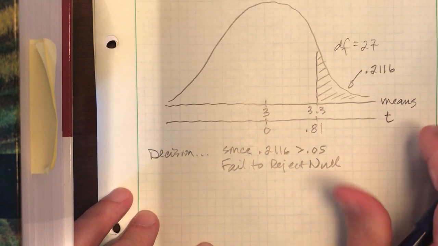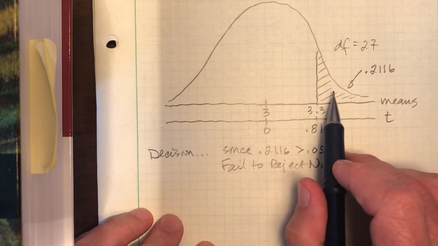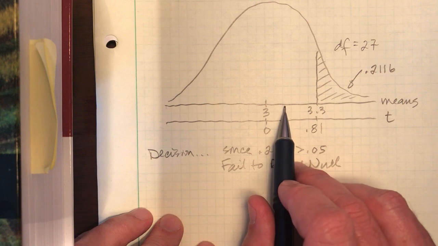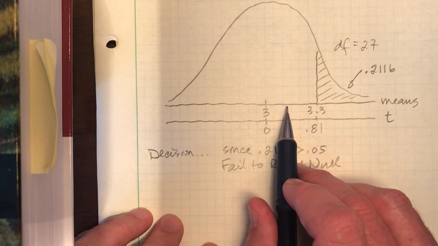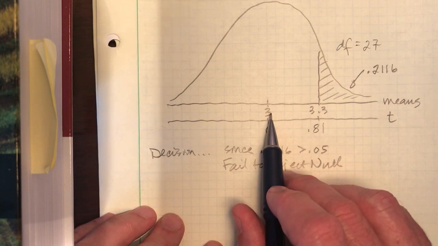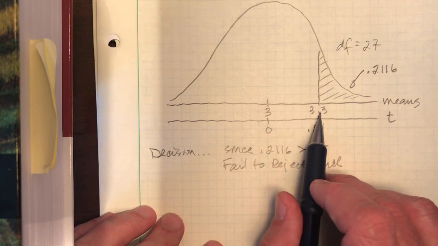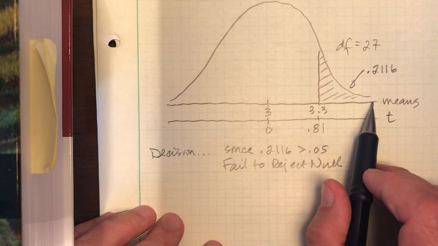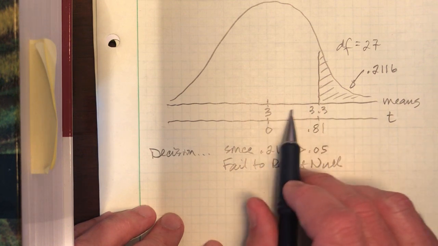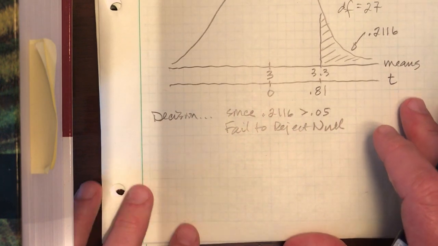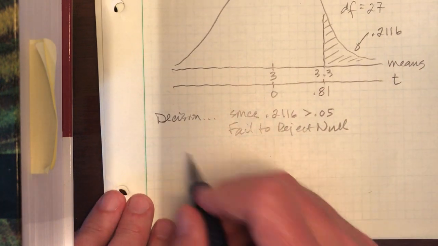And again, why that is, that 21% means this tail has a large area, which means this 3.3 is much closer to the 3 than we would want it to be. In other words, could the average still be 3, even though the sample average was 3.3? Yeah, that's not extreme enough. That 3.3 wasn't way deep into this tail. It was close enough to this 3 that it could still be 3. And that's our conclusion. That's what it means to fail to reject the null.